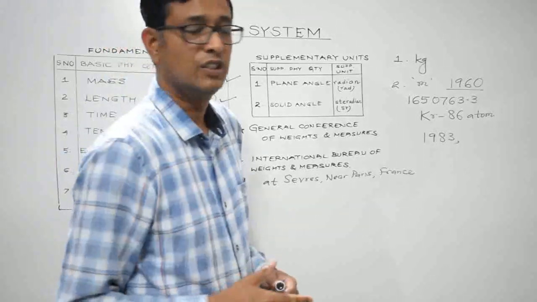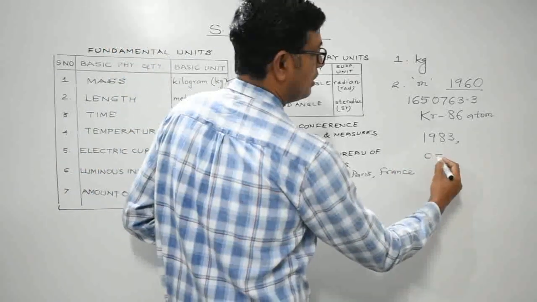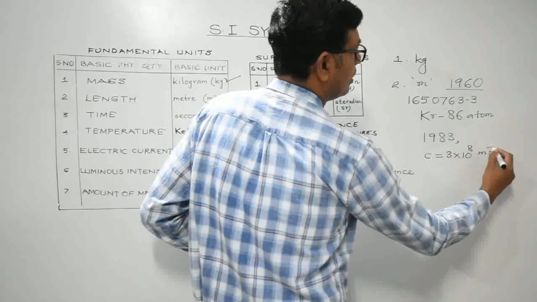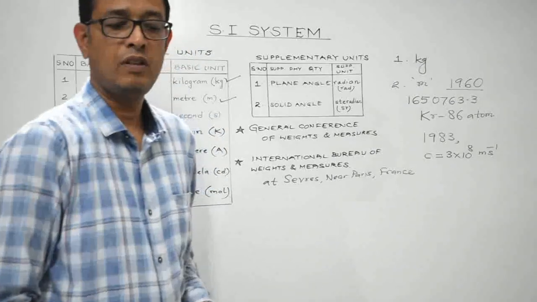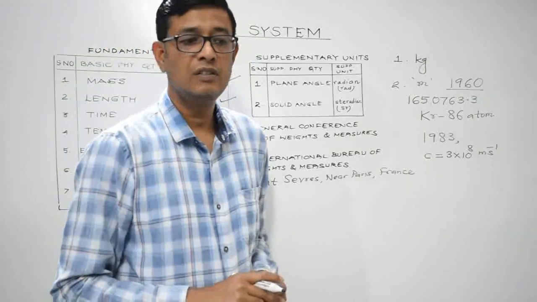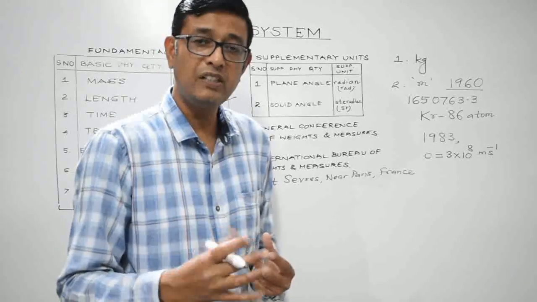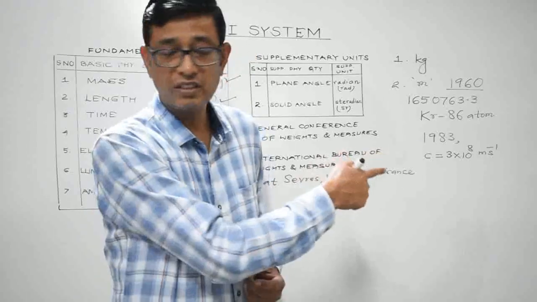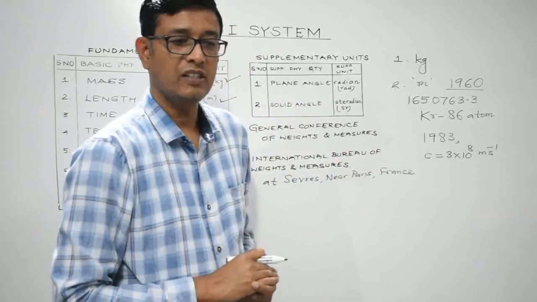We all are aware the speed of light in air or vacuum is given to be 3 into 10 raised to power 8 meter per second. We all are aware light travels with different speeds in different media. In air or vacuum, the speed of light is maximum, which is 3 into 10 raised to 8 meter per second.